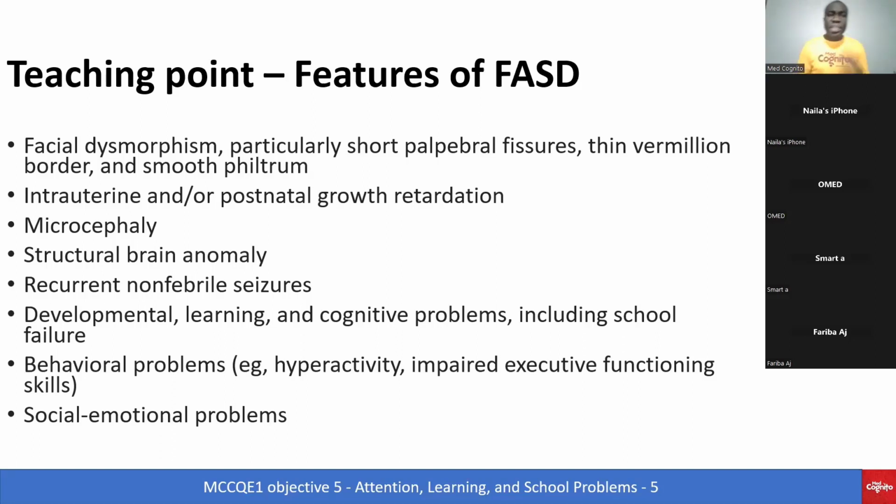They may also have intrauterine or postnatal growth retardation. They may have microcephaly. So in that question stem, I put microcephaly, I put macrocephaly. Maybe next time I should even make it more difficult. Then they may also have structural brain anomalies and recurrent non-febrile seizures.